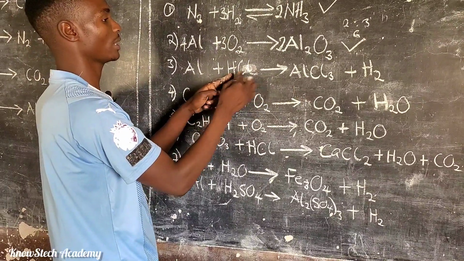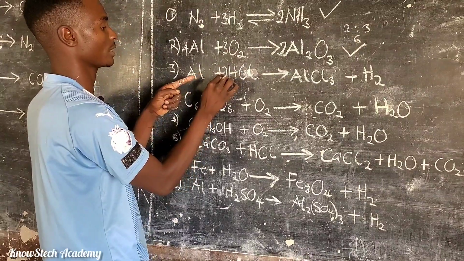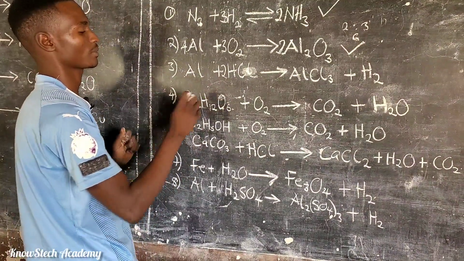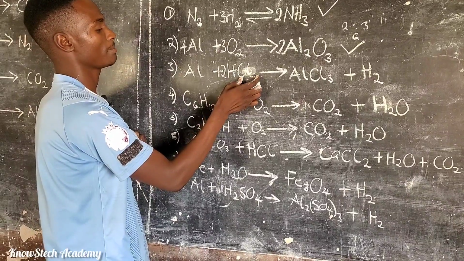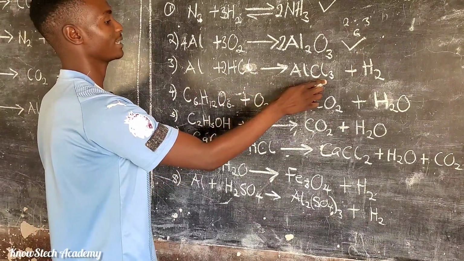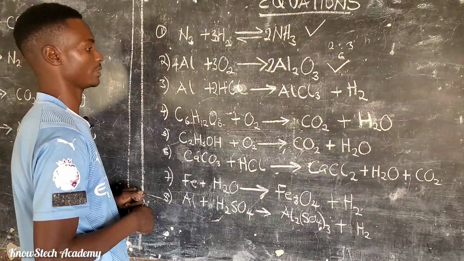Then hydrogen 1, hydrogen this side we have 2. So we're going to put a 2 here so that hydrogen also balances. Then chlorine is 2 because of these 2. Then the other side here, the number of chlorine atoms is 3.